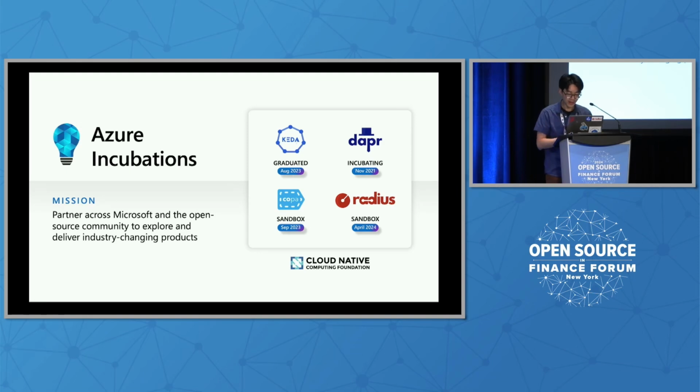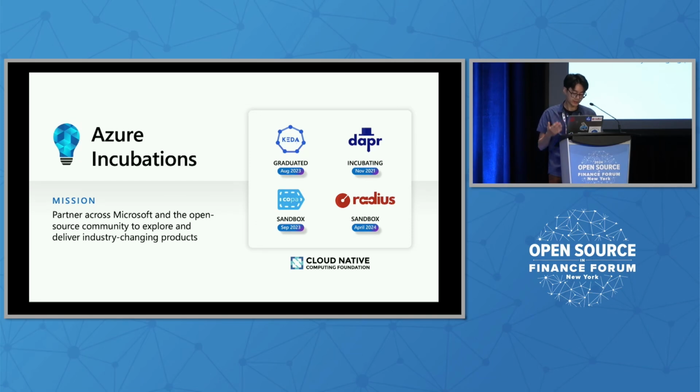Dapr, the project, provides integrated APIs that help facilitate communication, state, and workflow in your applications. The next one is this project called Copacetic, or short form COPA. COPA is currently a sandbox project and entered into sandbox in September 2023.